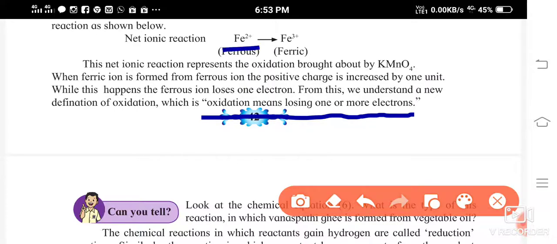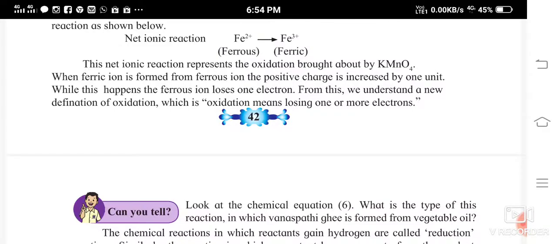You can see here this Fe2+ has lost one electron, and that is why the positive charge has increased over here. So it became Fe3+. So oxidation means losing one or more electrons.